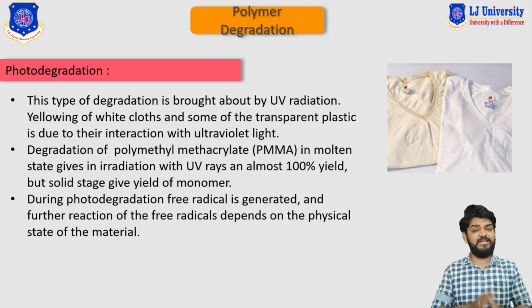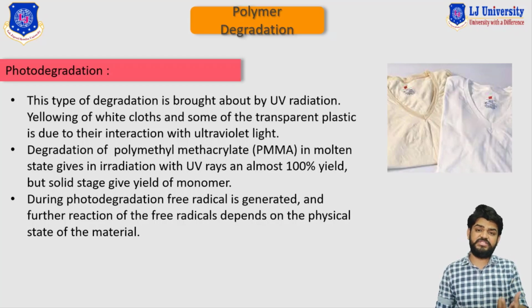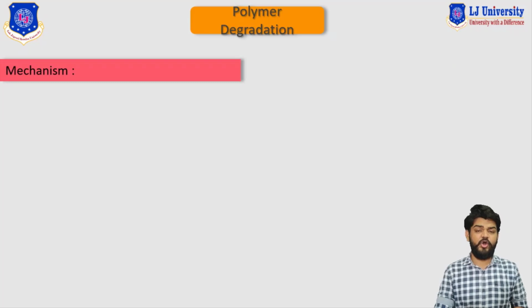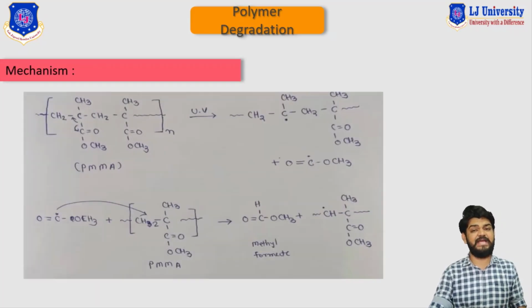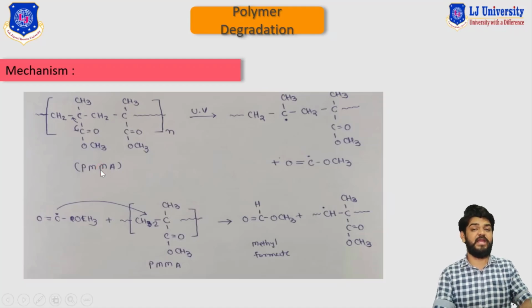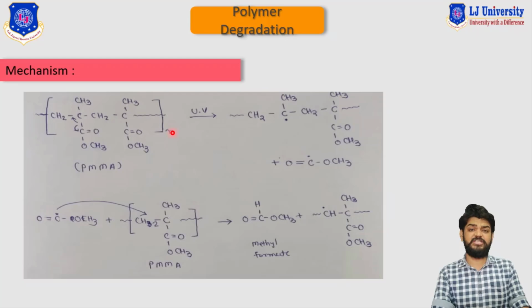Now, having said that, let's understand this photo degradation process with one example. As you can see on the screen, I have taken the example of PMMA that we understood in the previous slide. This is the structure of polymethyl methacrylate. You can see here it has CH2, C, CH2.